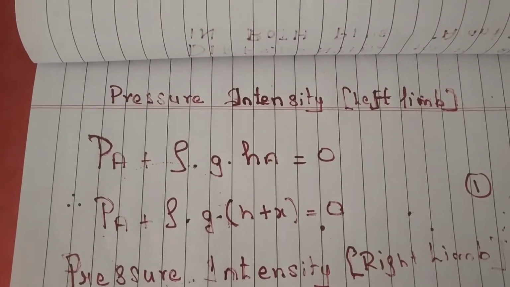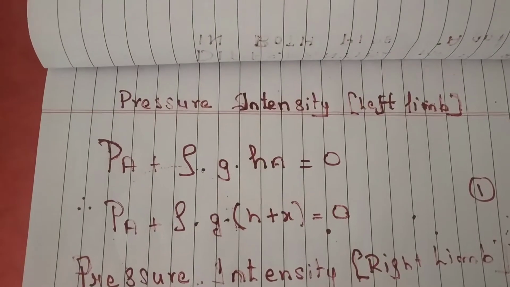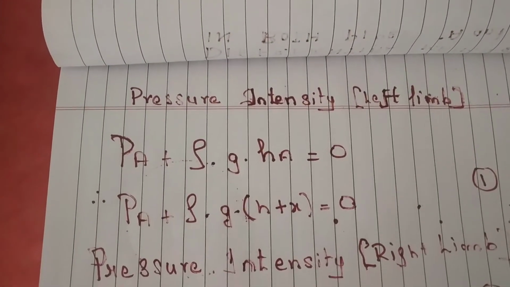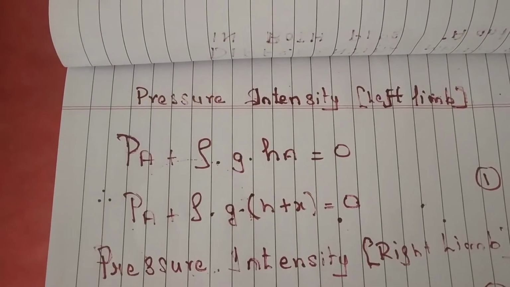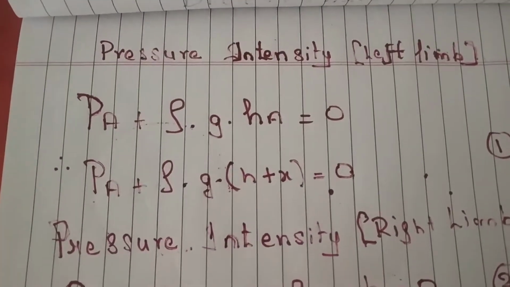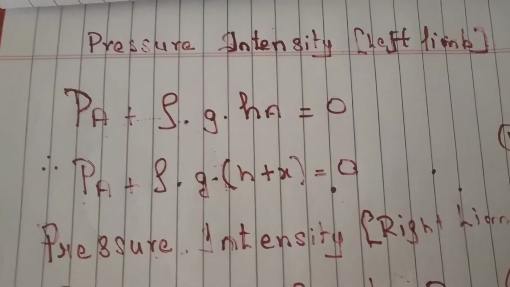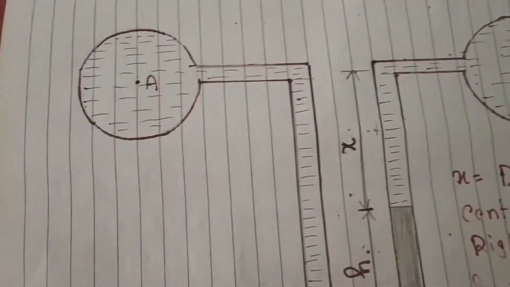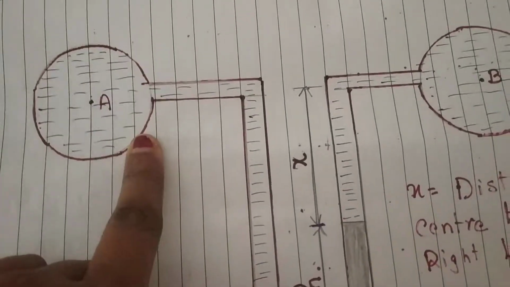The pressure in the left limb is PA, the pressure of the fluid in pipe A, plus rho g times the height of the liquid level in the left limb, where g is the acceleration due to gravity.